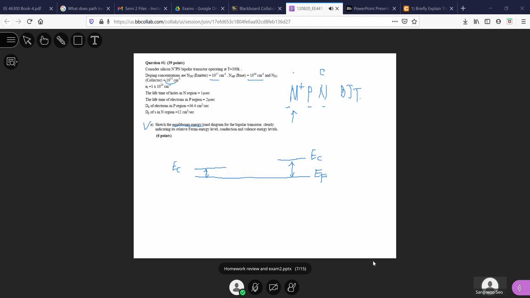The base side is a P-type semiconductor, which means EV is close to EF. This magnitude is between the emitter side difference and the collector side difference, so it is a middle value.